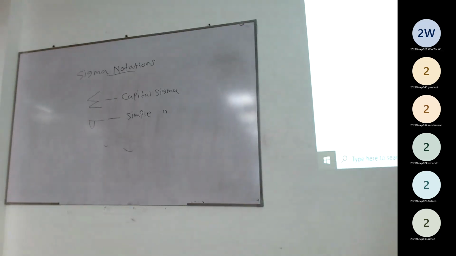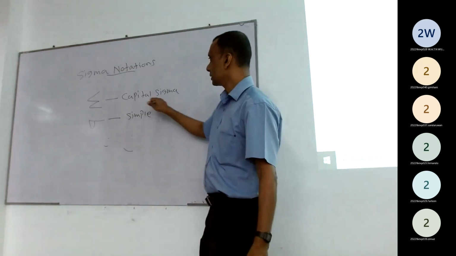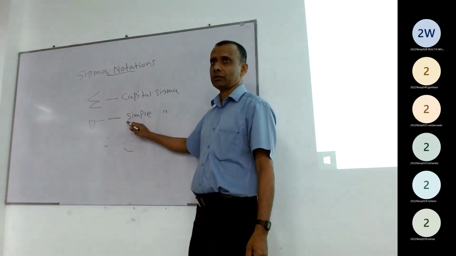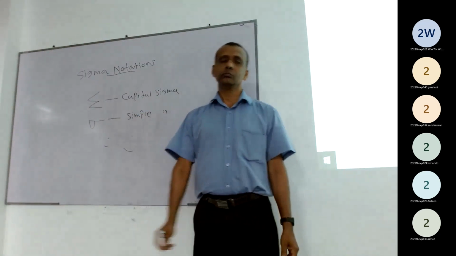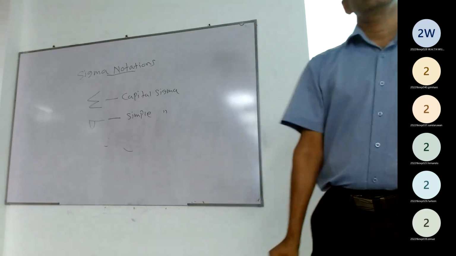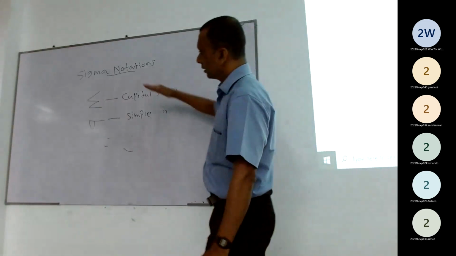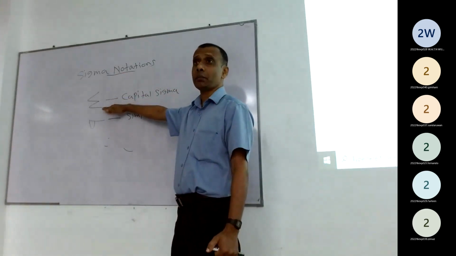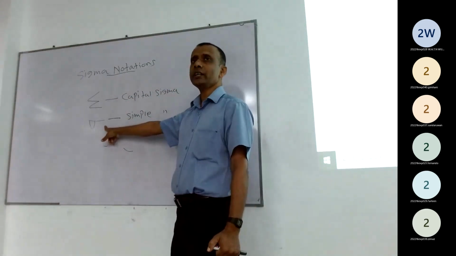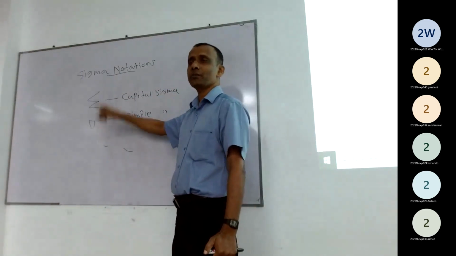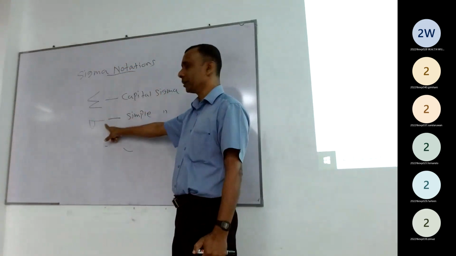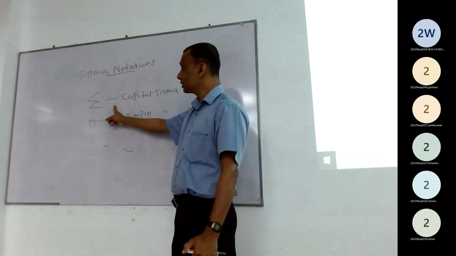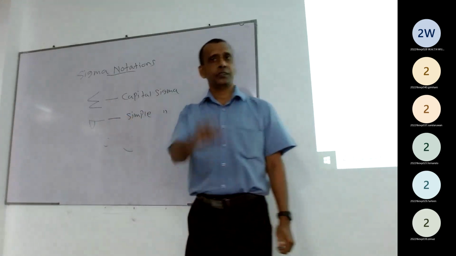They are given below. As a sigma notation, we want to consider here capital sigma. Simple sigma is the standard deviation. Later you calculate it in measures of dispersion. The capital sigma is the one we want to learn.